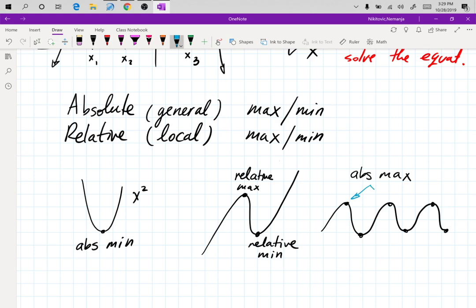So again, all of these are absolutely highest points that you can get, and then you would have absolute minimum, because again, this is going to be a wave, and you will never produce a lower minimum of any kind.